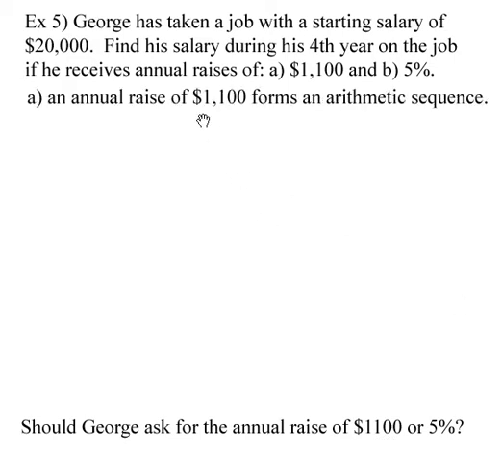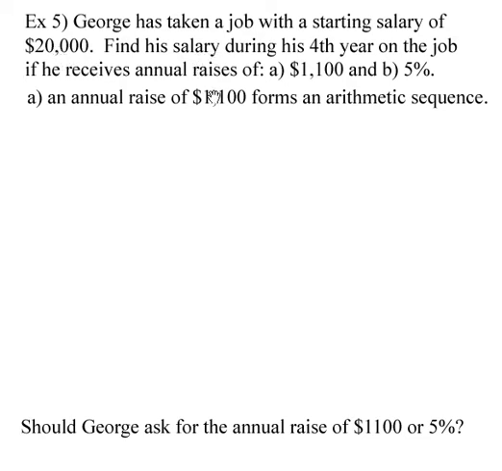Well, if we calculate starting with the $1,100, that becomes an arithmetic sequence. Remember, in an arithmetic sequence, we are adding the same number to each previous term to get its successive term. In this case, we're adding $1,100 to George's salary to get his salary the second year.